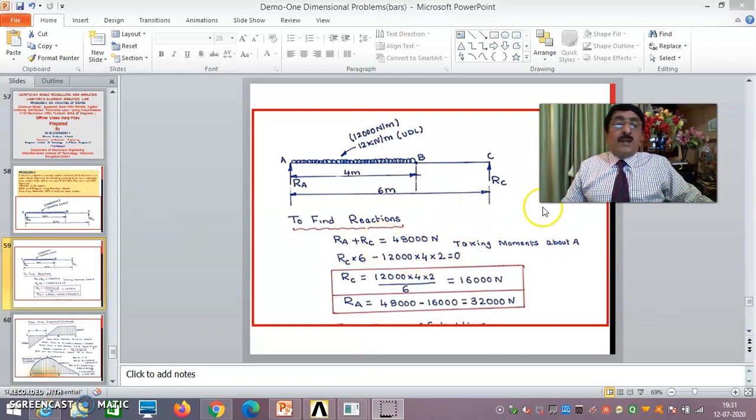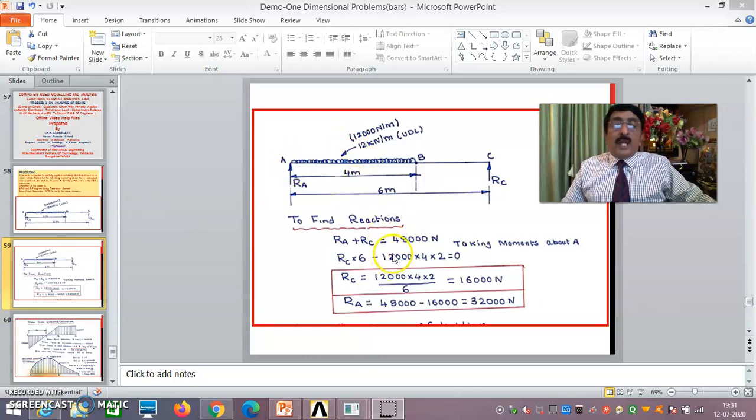Then we'll take moments about A. RC into 6, this upward force, with anti-clockwise moments taken as positive, minus 12,000 into 4, the total load, which is assumed to act at the center, into 2.